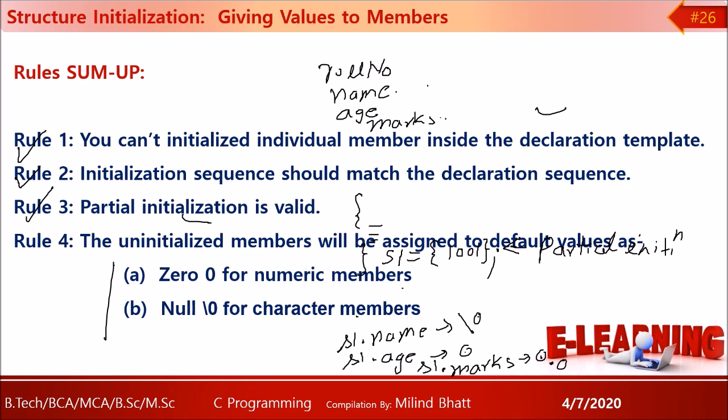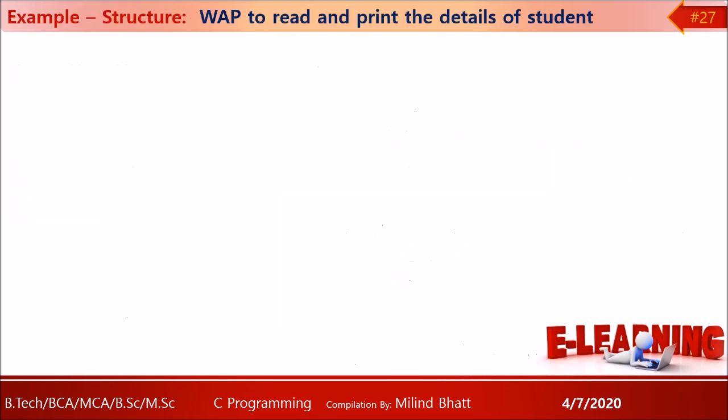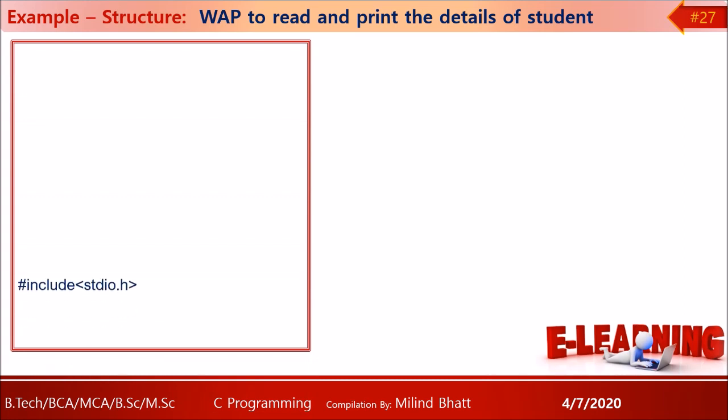Now have a simple, very simple example of structure as a whole in one single program. Read it, create it, read it and then print it. So write a program to read and print the details of student structure. Hash include stdio.h, you know it very well.